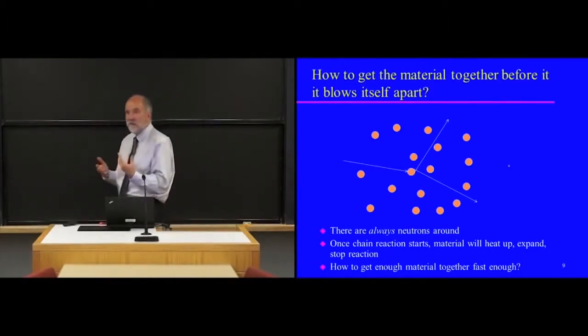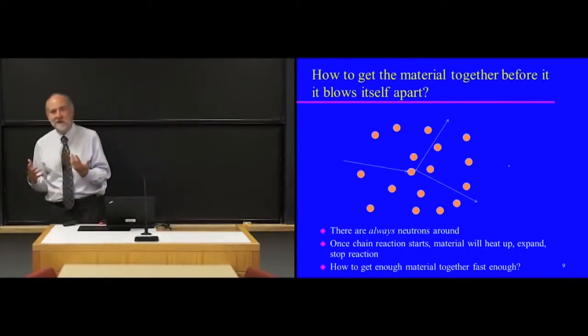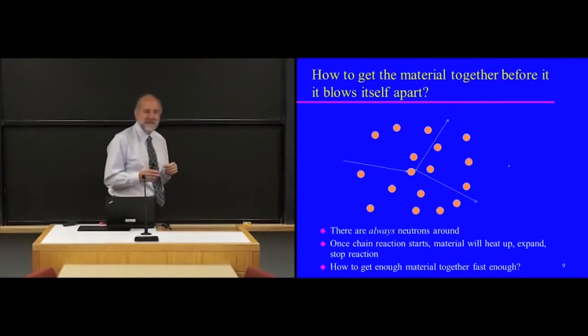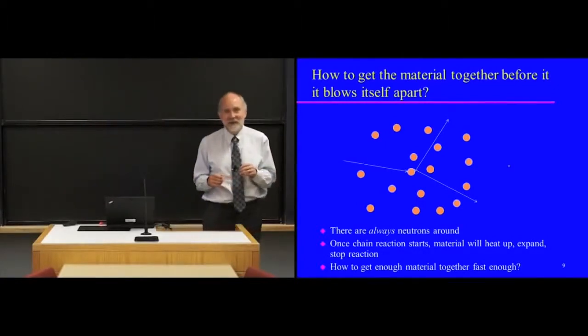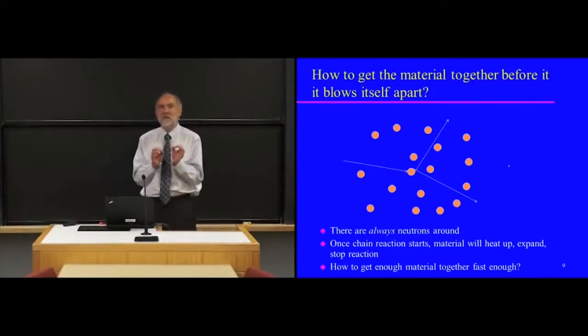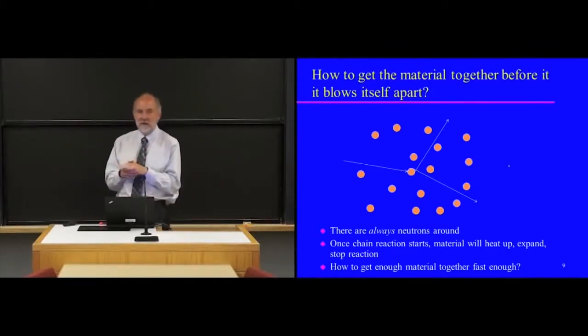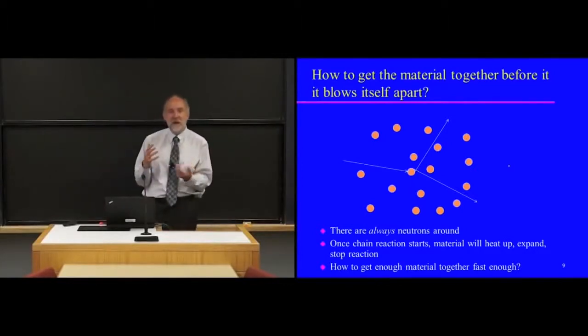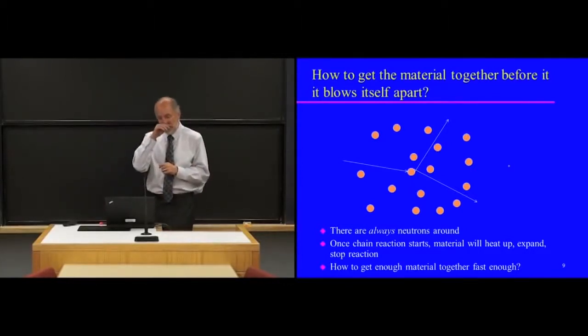In fact, during the Manhattan Project, the scientists invented a new time unit, a shake. You know, the expression 2 shakes of a lamb's tail, referring to some very short period of time. A shake is 10 billionths of a second. And that's sort of the time frame for fission.